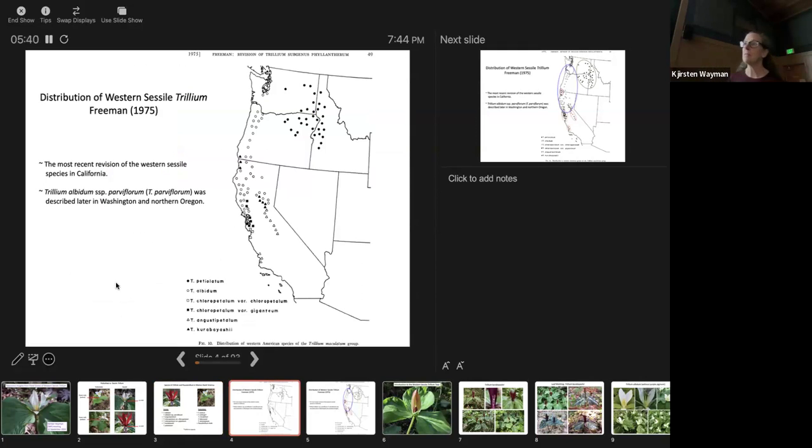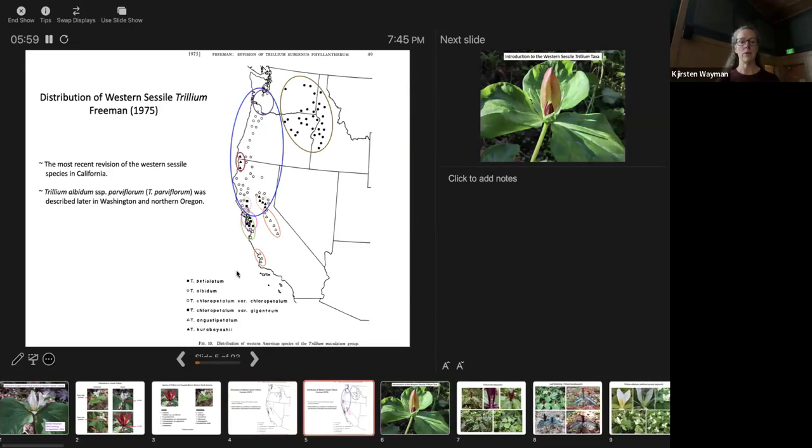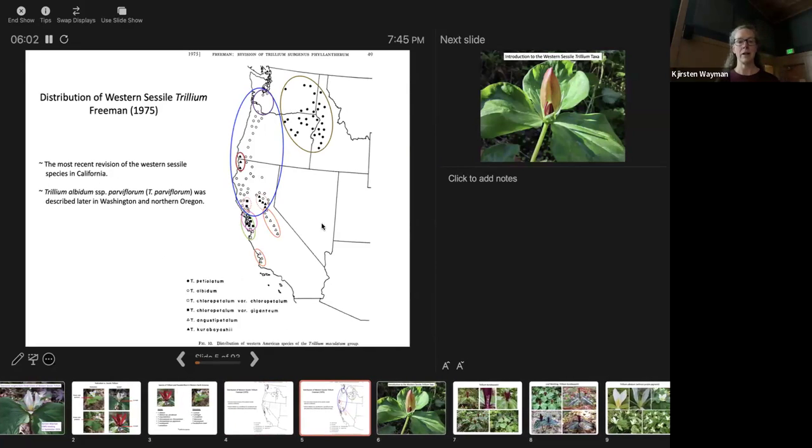The most recent revision of the Western sessile trillium was done in 1975. That was quite a while ago. And this was done by Freeman. And in this map here, this is the map that he published with his revision. I'm going to go through and just mention the regions of the species. I've outlined here up in this circle the plants of Trillium petiolatum, which is the one that's not part of this study.